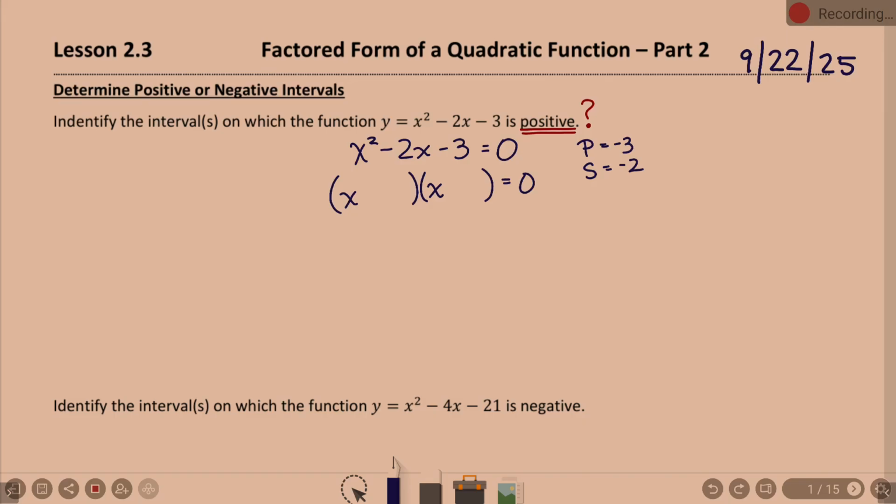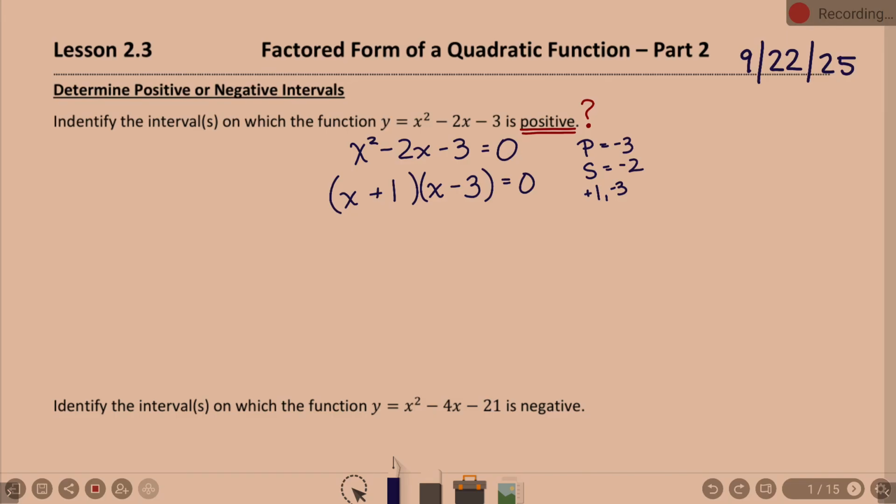What are my only options for multiplying to be 3? 1 and 3. If it's multiplying to be negative, I need one of each. Adding to be a negative means the larger number is negative, the smaller number positive. So one parenthesis is x plus 1, the other is x minus 3.